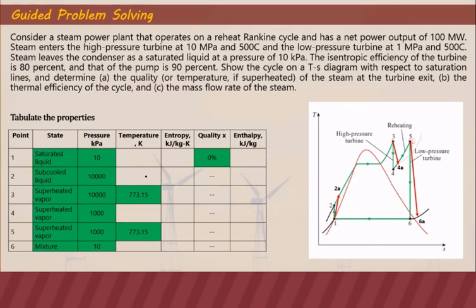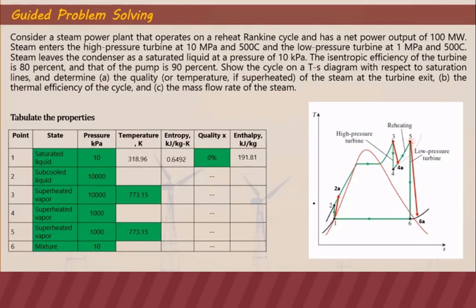And the rest, we're going to use the tables to calculate those values. At point 1, since this is a saturated liquid, and for a saturated liquid if you only have one property given, then we can use the software to compute the other properties. So entering 10 kilopascal in our software at saturation points, we have these values.